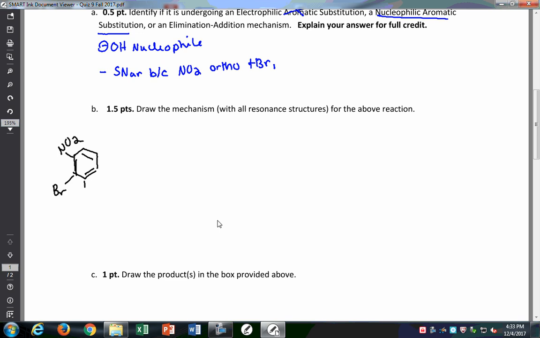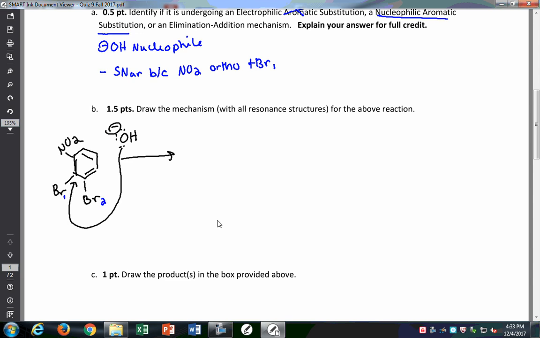Okay, so first off, we have an OH, it's a nucleophile. The nucleophile is going to attack at the position where the BR is. This is different from the benzyne mechanism. In the benzyne mechanism, we deprotonate to form the triple bond. But here the nucleophile is going to attack at the carbon where our leaving group is, and it's going to attack at BR1, because BR1 is the one that has the NO2 ortho to it.